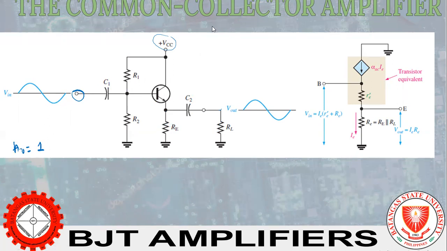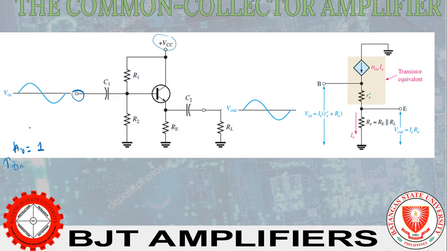Okay? So, ayan. So, ulitin ko. So, all voltage gain ng common collector is 1. And advantage niya is high input resistance. So, mataas na input resistance at saka current gain.